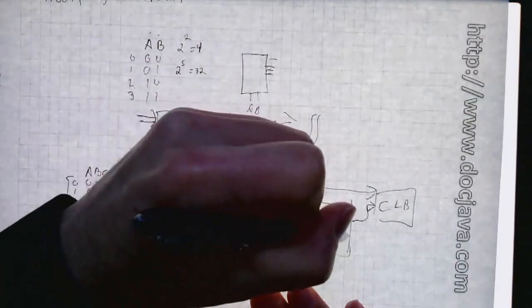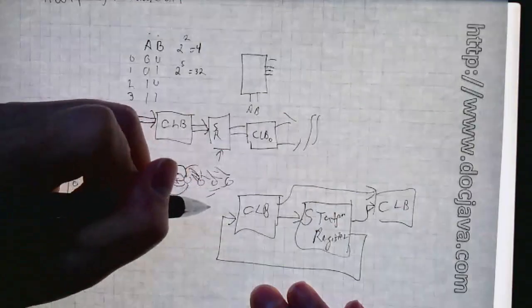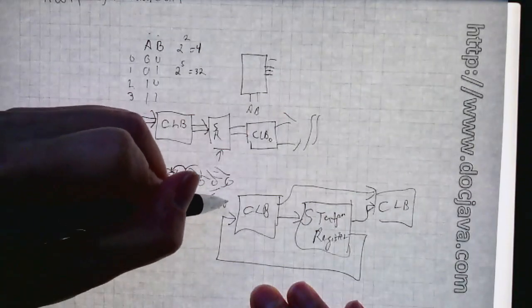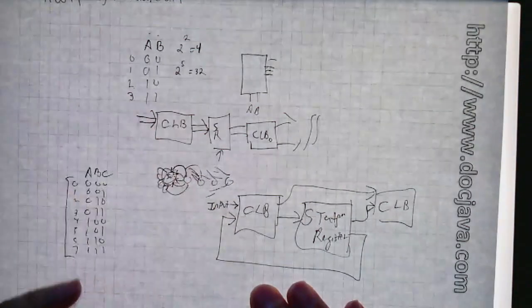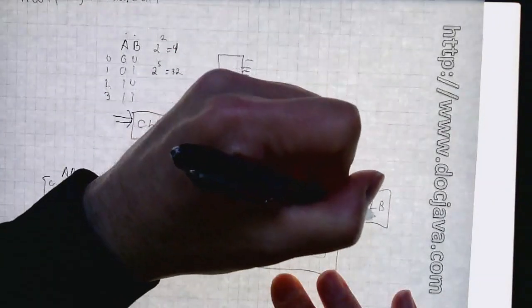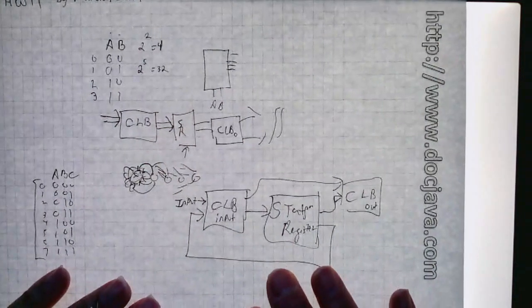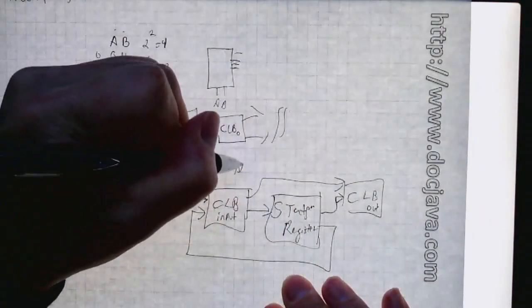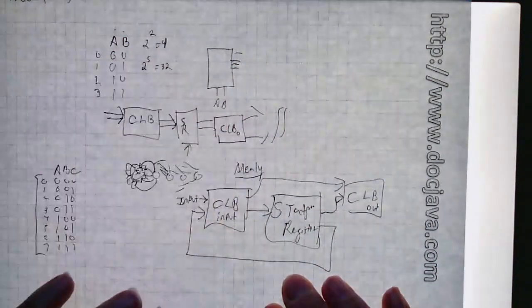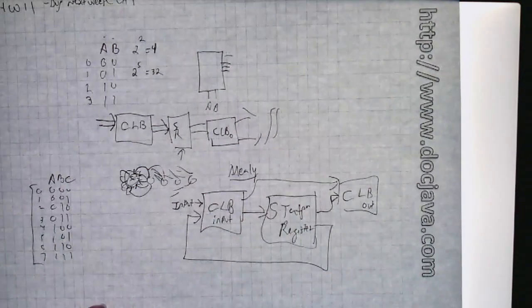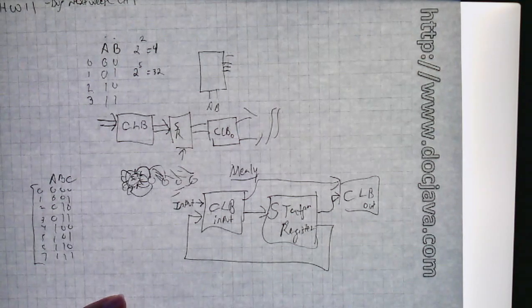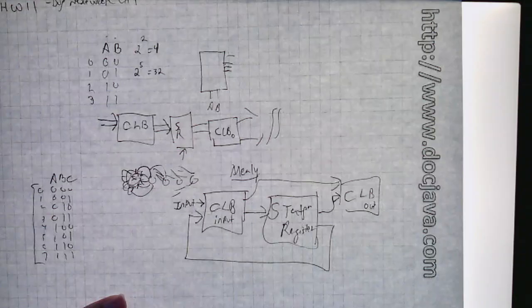The state register feeds back into the combinational logic, and the input feeds into the combinational logic for input. This is combinational logic for output. This is for input. And now we've got the Mealy machine from George Mealy. So now the question is, can you have fewer states? And the answer is yes, you can. It actually gives you the ability to save a flip-flop or two, depending on the size of the machine.